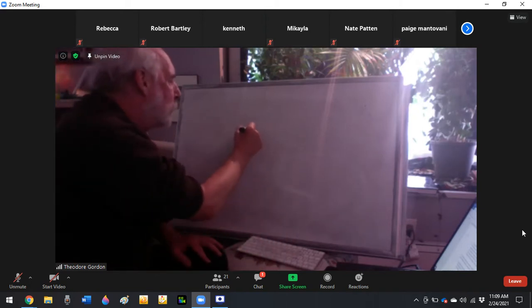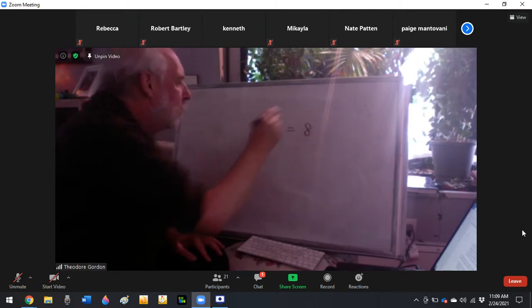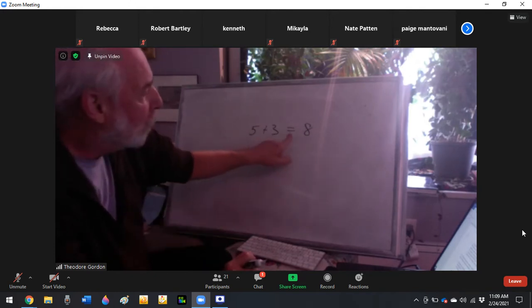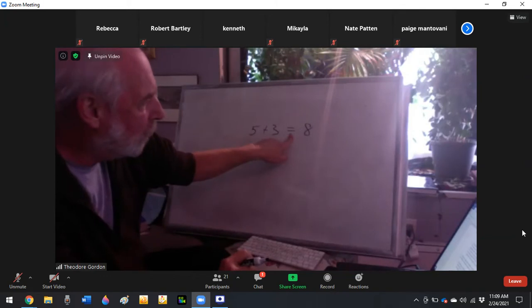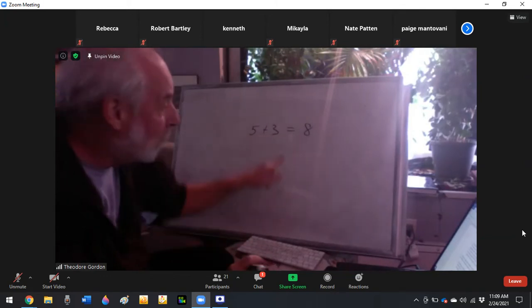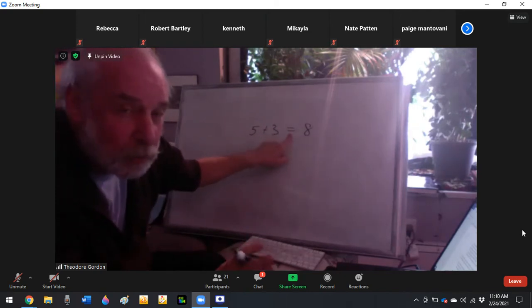We often use the equal sign when we can't be precise. So for example, is 5 plus 3 equal to 8? 5 plus 3 is 8, yeah. But is the left-hand side of this equation identical to the right-hand side? No, this equal sign is not correct.